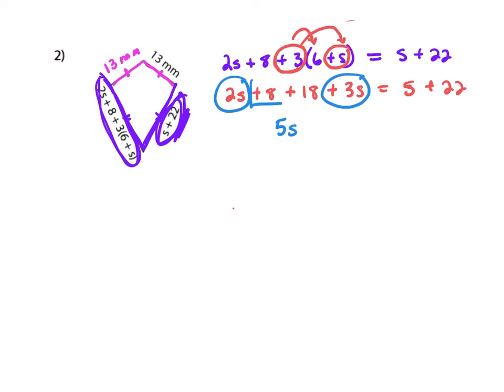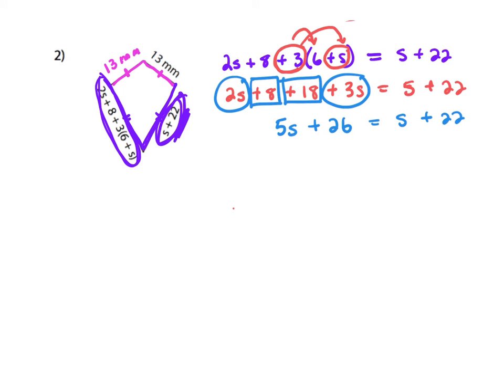Now I'm going to go for my constants. I have a constant of positive 8 and positive 18 combined together. That'd be plus 26. And now that other side is just s plus 22. Now I'm ready to solve because on both sides I have a term that has a variable, and I have a term that's a constant. That's as simplified as it can be.